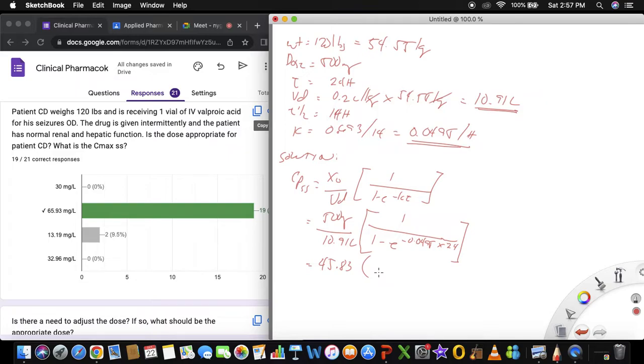times 0.0495 times 24. Shift ln, negative answer. 1 minus answer. 1 divided by answer. You get 1.4385.